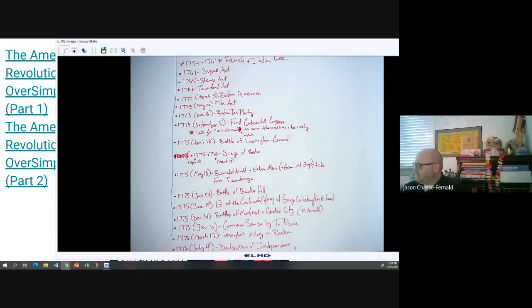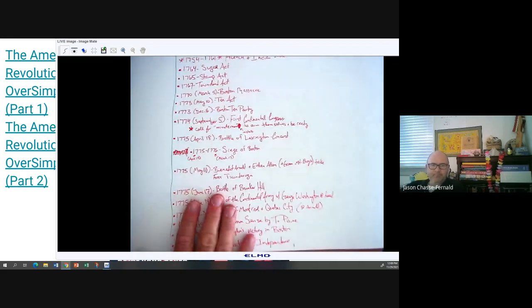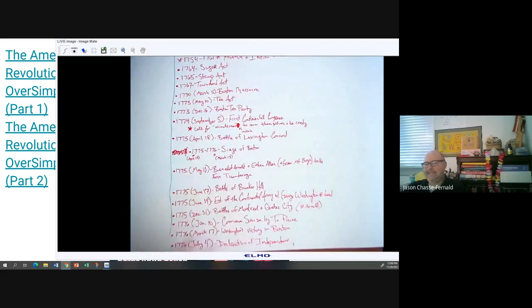One is, with these dates in mind, what is the actual start date of the American Revolution? Right? When does the American Revolution actually begin?